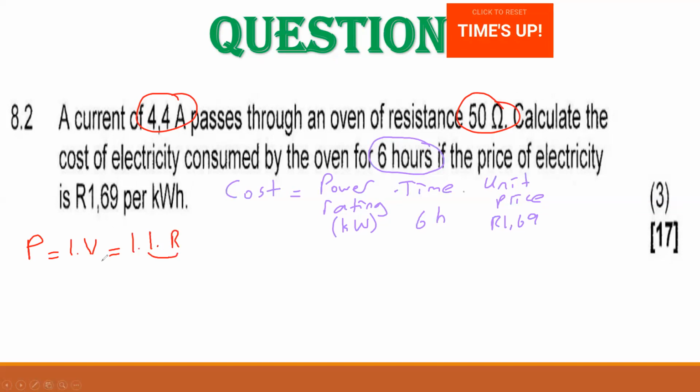So I can write for V, I times R. So power equals I squared times R. But when you calculate this, it's going to be in watts. To get kilowatts, I need to divide by 1,000. So now I know I, I know R, and I divide by 1,000 because I'm trying to calculate in kilowatts.